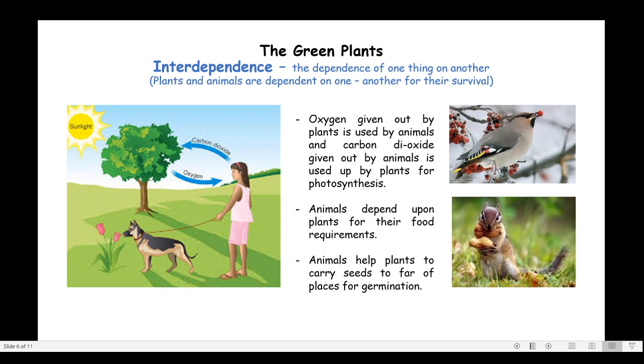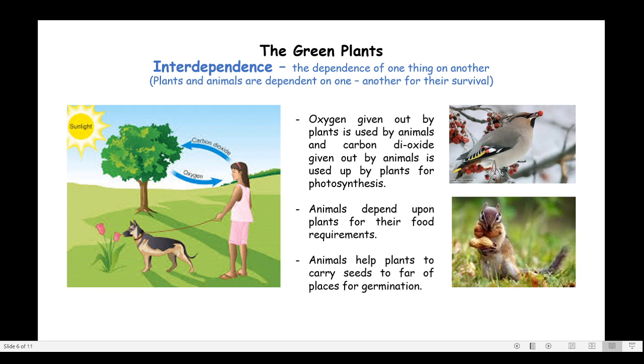Now, see, how are we dependent on plants and how are plants dependent on us? We get oxygen from plants, we inhale oxygen and we exhale carbon dioxide, which is used by plants. So this is the first form of interdependence.